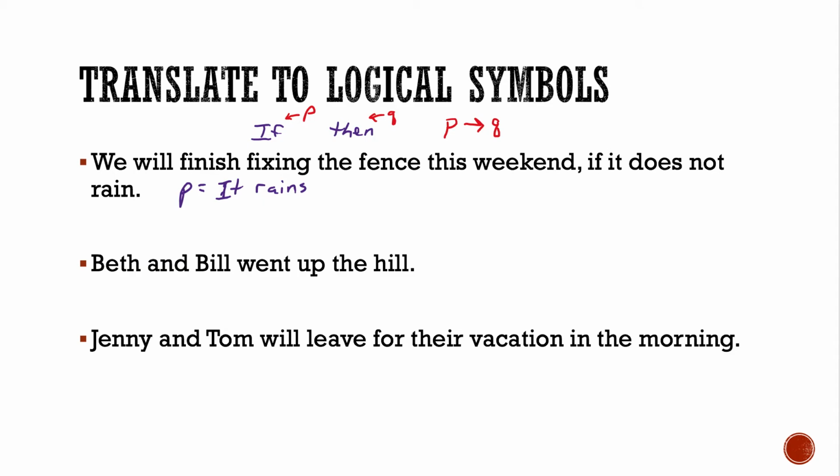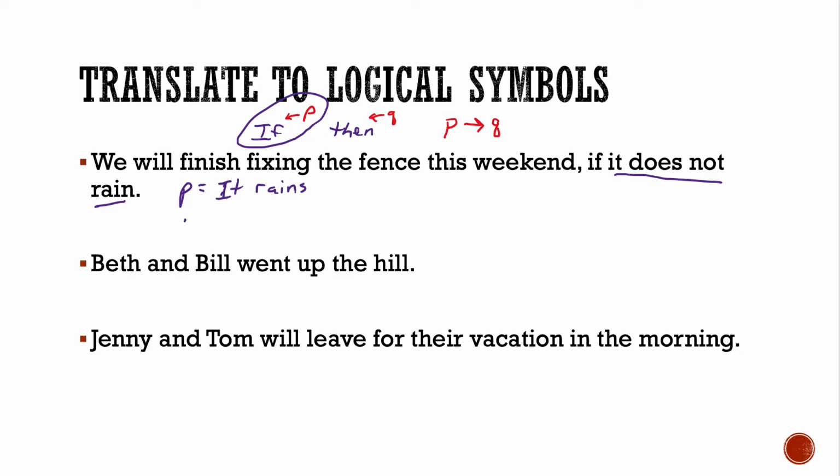So this is the statement that we're looking at for the P because it's the if part. And remember that we've already said that it's the if that we want to label the P. Okay, but I don't want to write it does not rain because that puts it in the negative sense with the not. So I'm going to take that out and just write it rains.